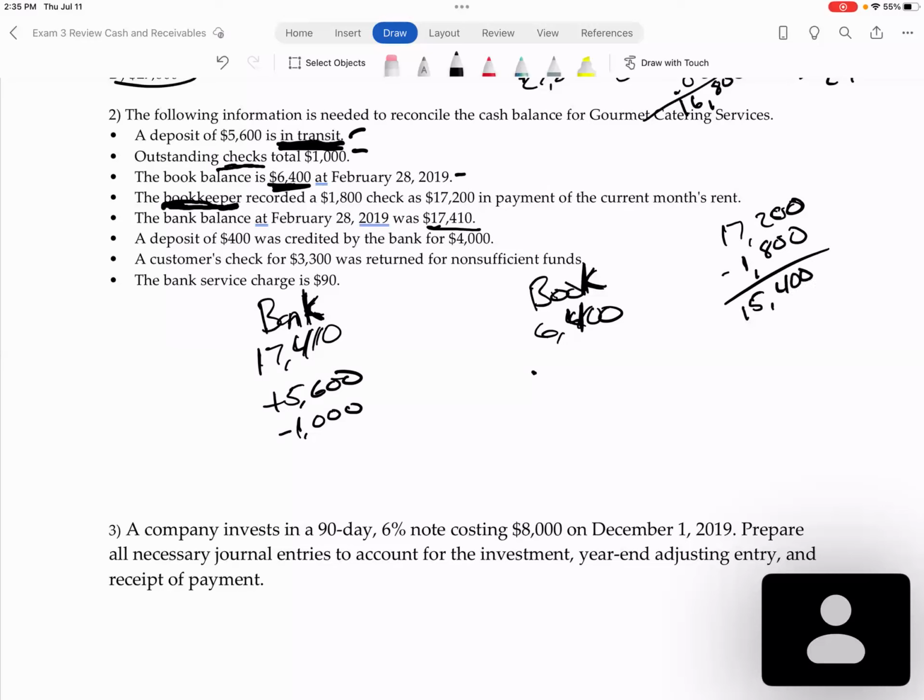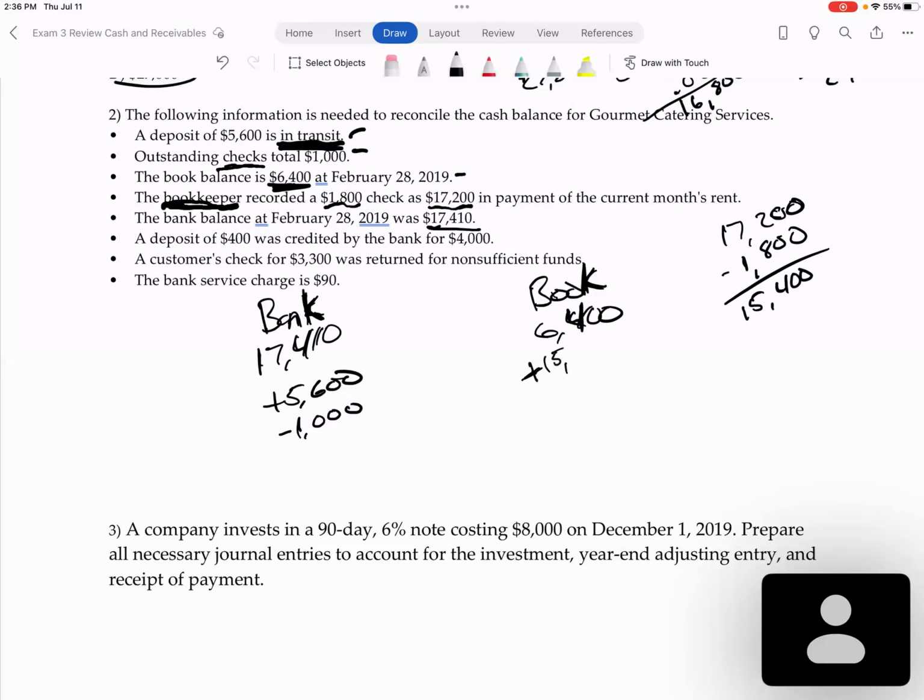And the bookkeeper, they recorded it for way too much, right? So our book, they recorded that we spent 17,200. Really, we should have only spent 1,800. So we need to add that back.